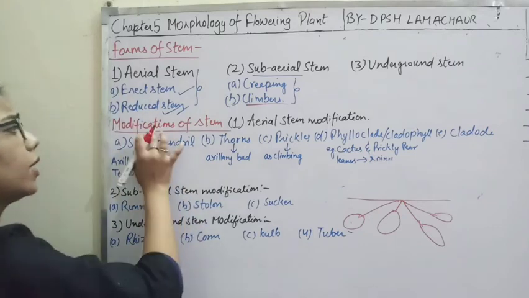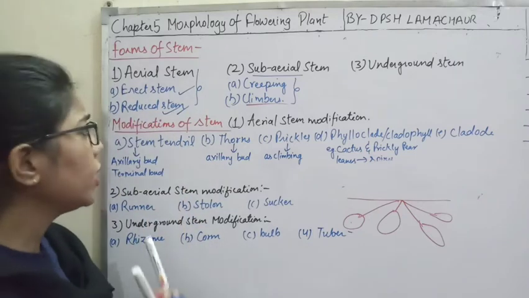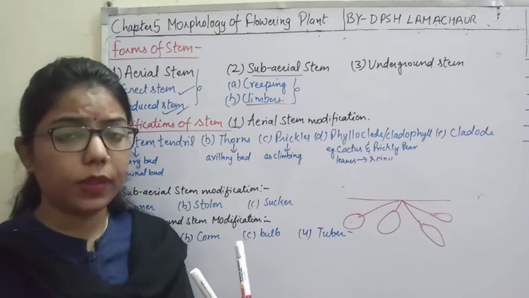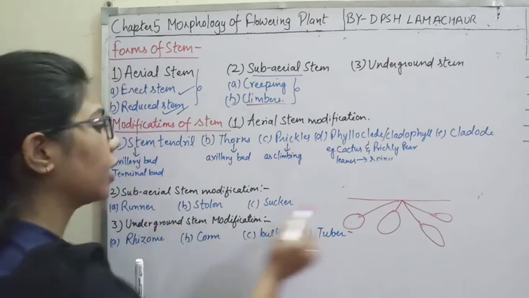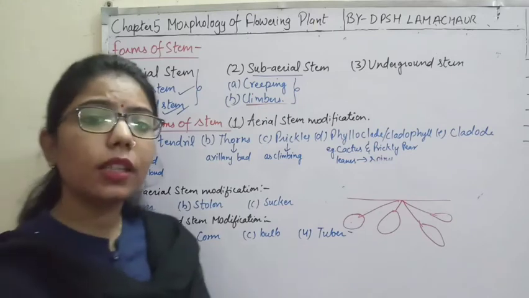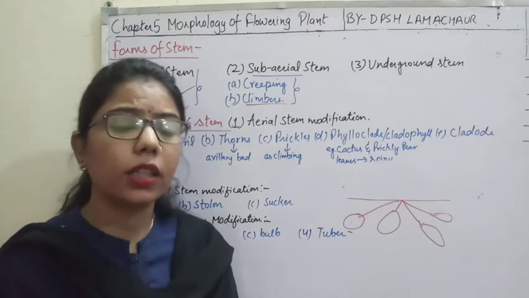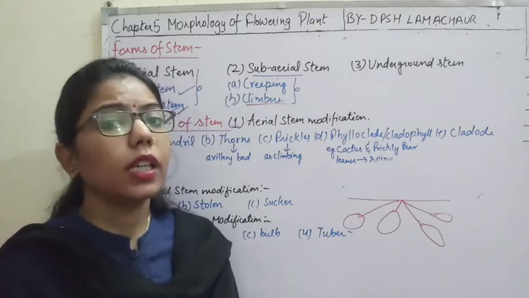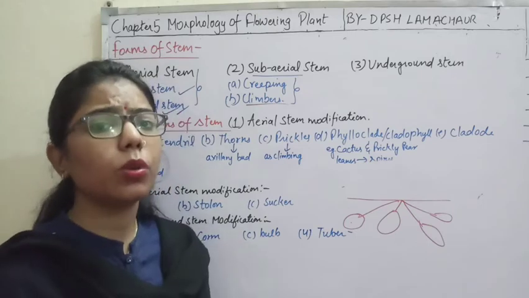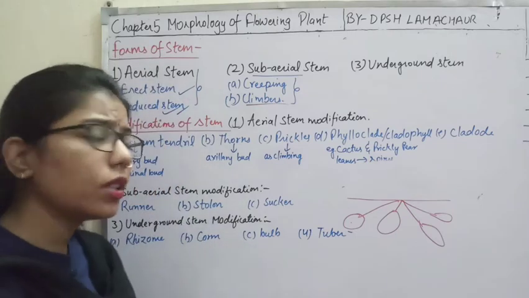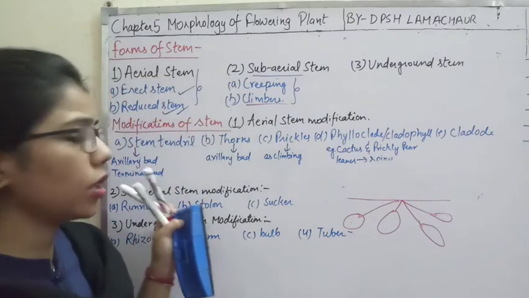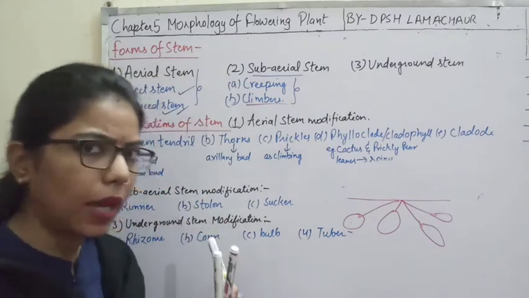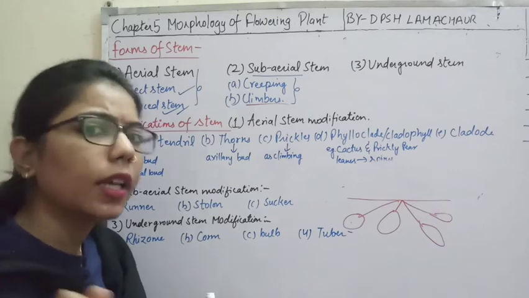Now we will understand the modification. What is the need for modification here? If we talk about the modification in the case of this underground one, during very unfavorable conditions, it is required that food should be stored in some form. In which form will the food be stored? In the form of tubers. So these modifications are required in plants at the time of unfavorable conditions.